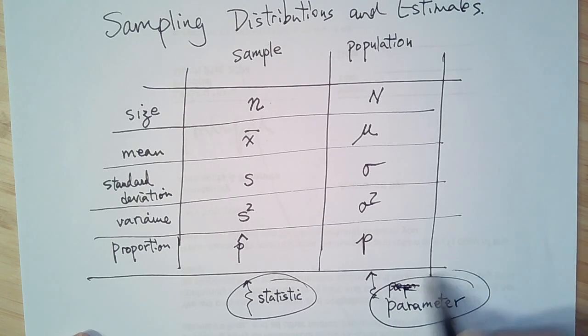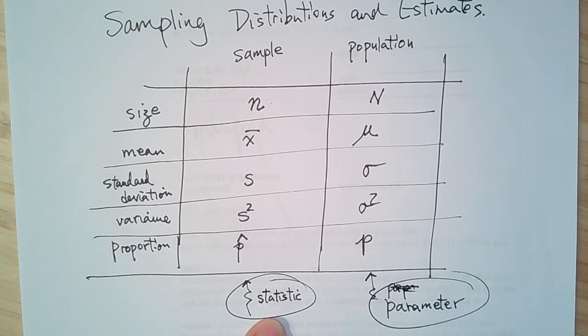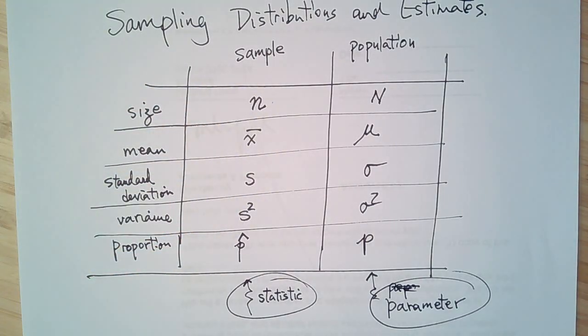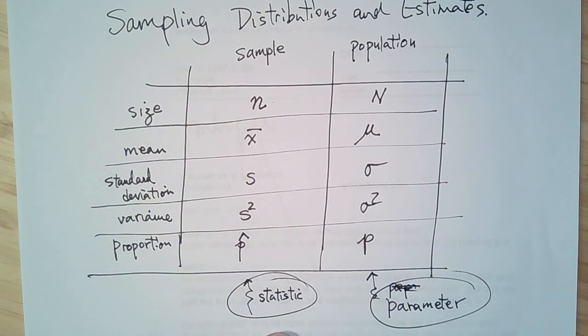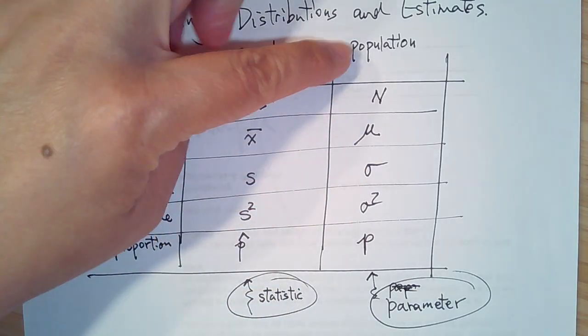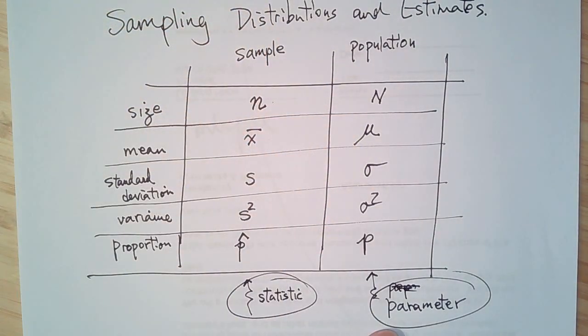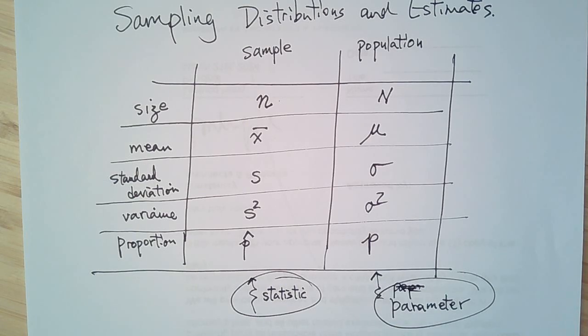So these two are parallel. Sample size, sample mean, sample standard deviation, sample variance, sample proportion, they're called sample statistics. And for the population, we use different letters, and each one of them is called a population parameter. So that's not hard. This is not the hardest thing to understand.